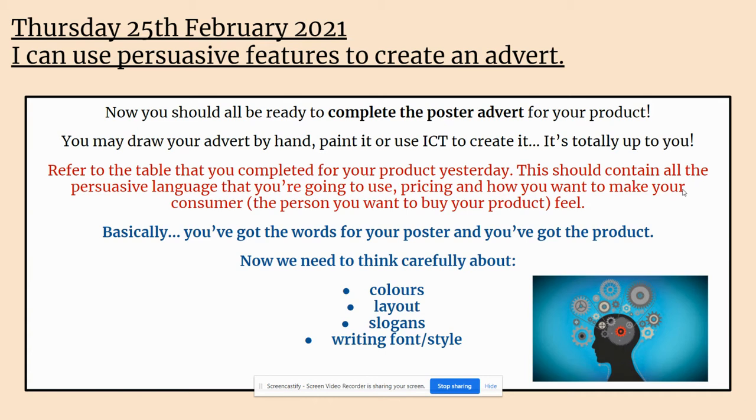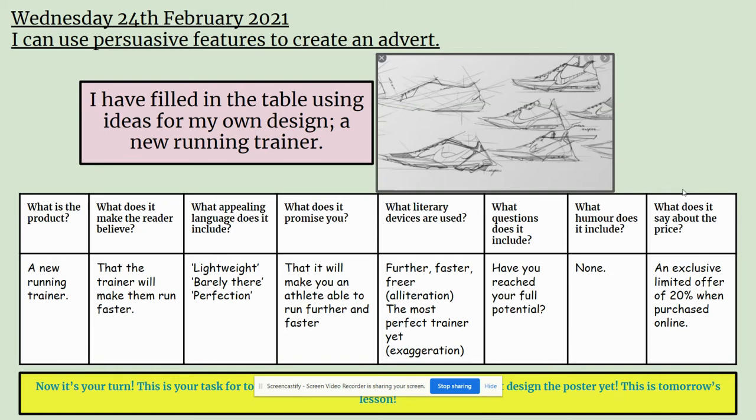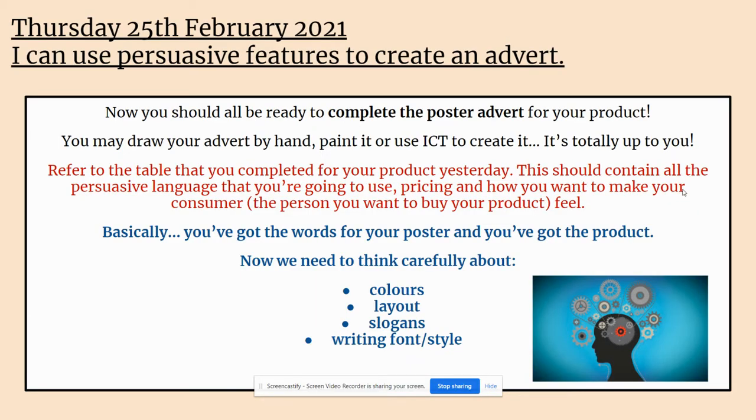Now, yesterday, you filled in this table for your product. So you should have all of these answers in front of you, along with your final design. You can look at that table that you completed yesterday. This should contain all of the persuasive language and all of the things that you've been thinking about that you're going to use.